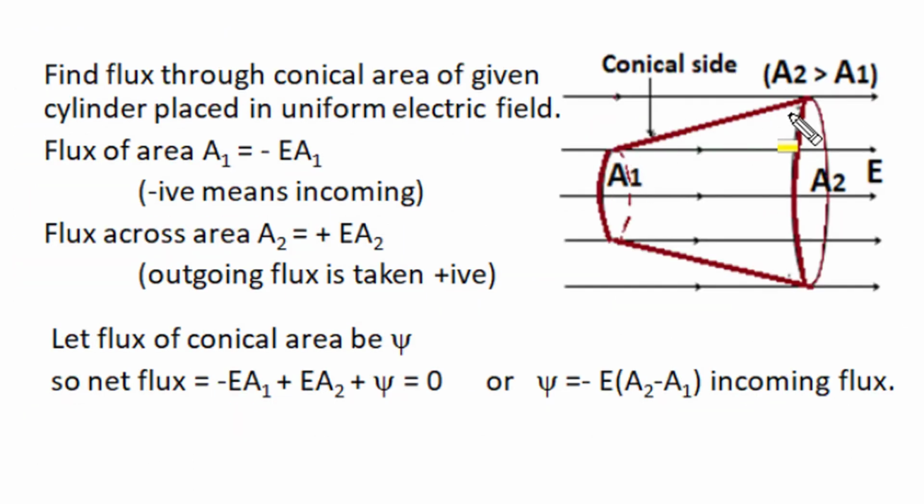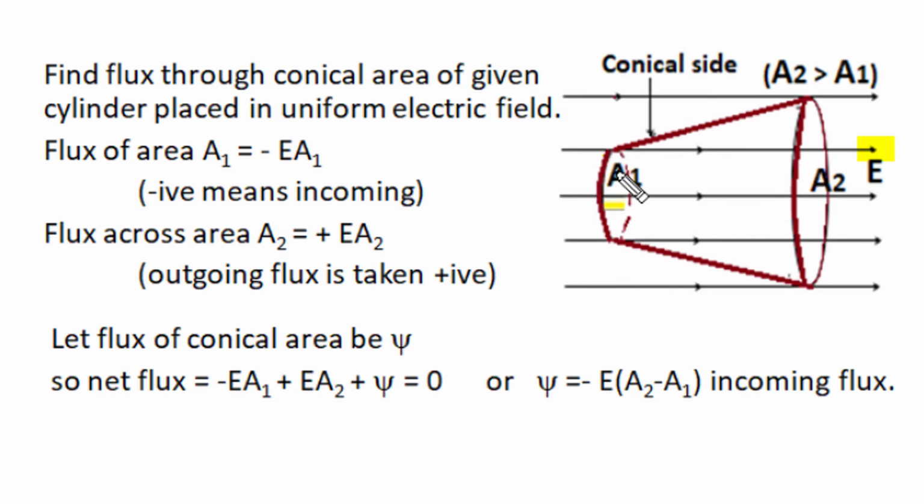Here a conical cylindrical surface is placed where base surface area A1 is smaller and this second surface area A2 is higher, and this axis of cylinder is aligned with electric field intensity, and we have to find out net flux through this conical surface. We know net flux from any closed surface placed in a uniform electric field is always zero.